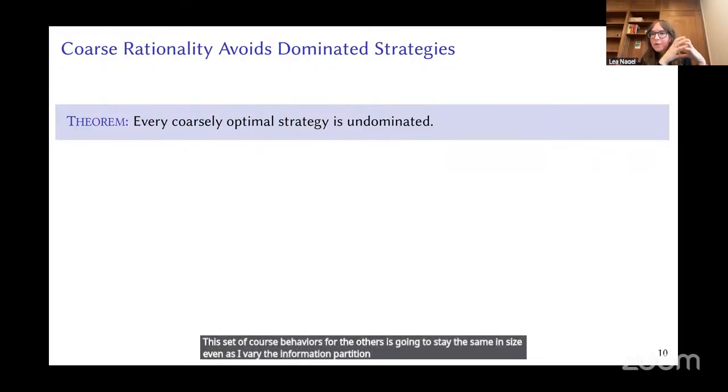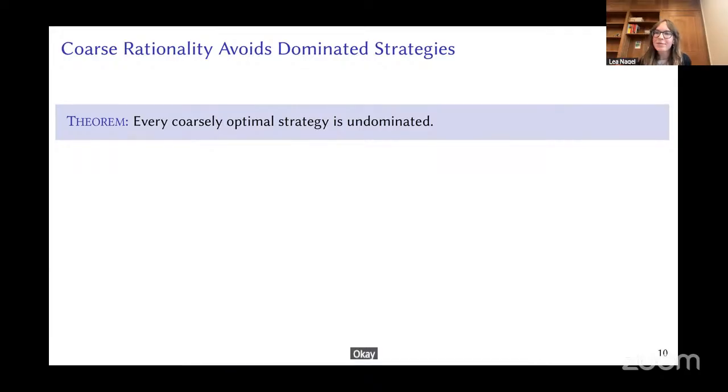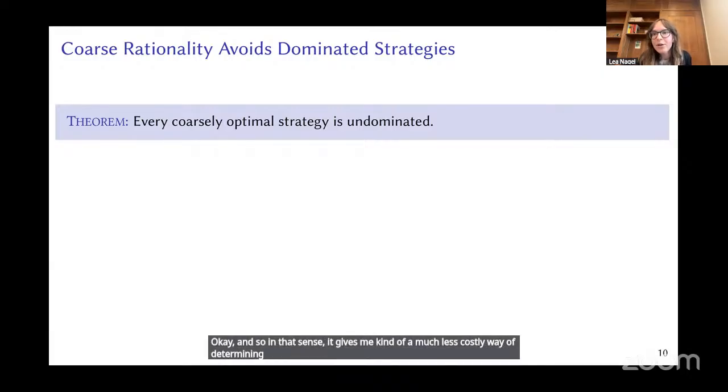But just focusing on this small set of coarse behaviors for the others is always going to ensure that I choose an undominated strategy. So in that sense, it gives me a much less costly way of determining a set of behaviors that is guaranteed to be undominated. I don't need to think about the full set of behaviors available to the others under the real information partition. I can just focus on the coarse behaviors, which are the ones available under the coarsest information partition possible.